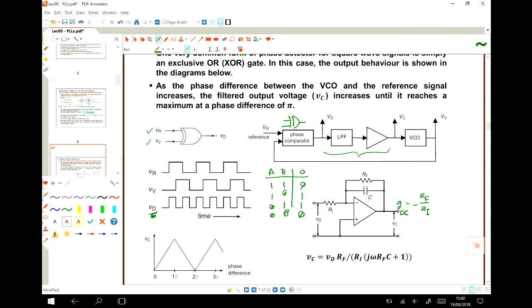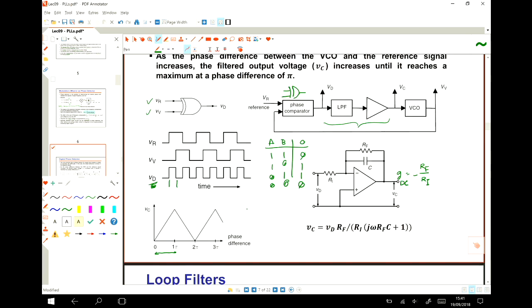How? If we set the starting point here, this one is going to get integrated, and then the voltage increases. So from here to here, we are changing here to here.